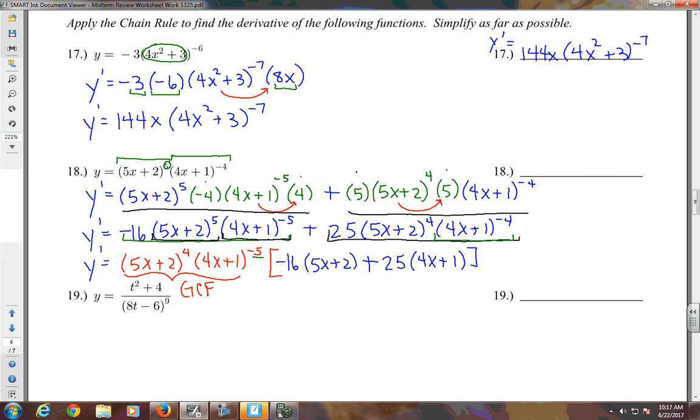Remember, when you multiply like bases, you add the exponents. So if I'm just looking at multiplying this part by this part, those are like bases, right? 4x plus 1 matches. Then I'm going to add the exponents. Negative 5 plus 1 gives me negative 4. Okay? So it is successfully factored.